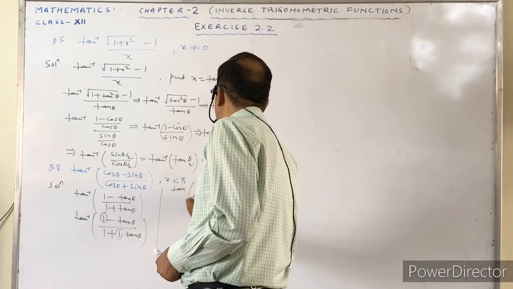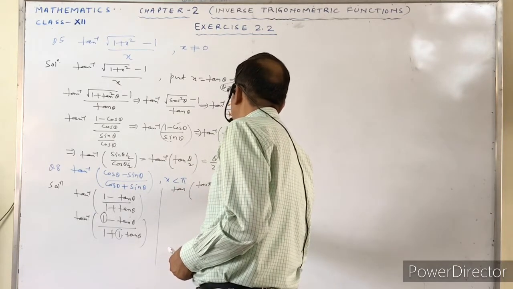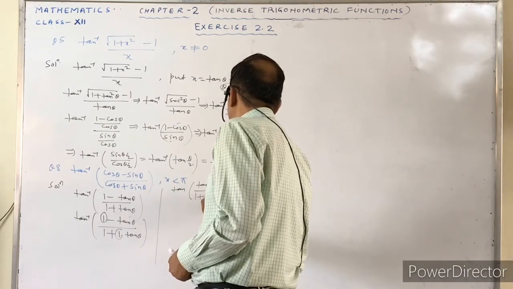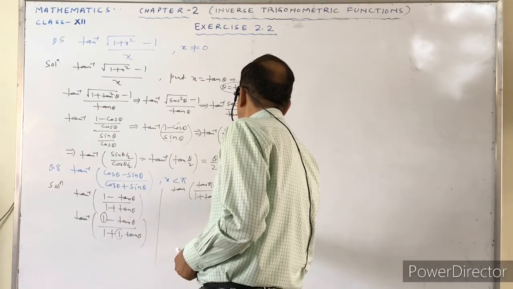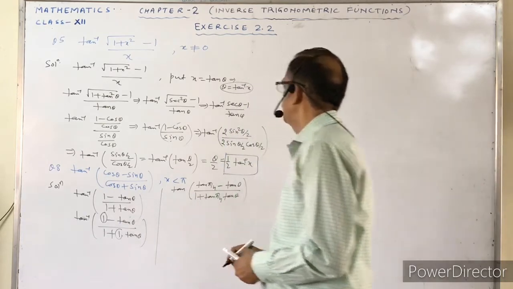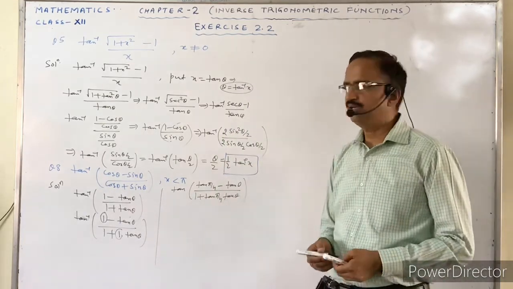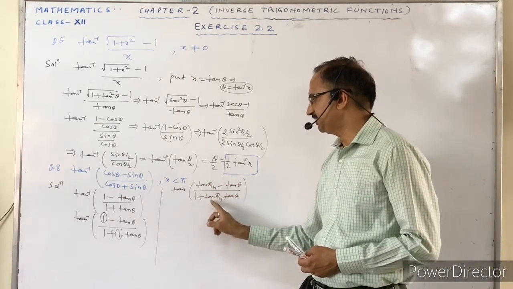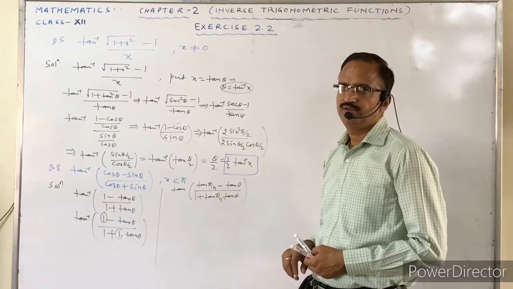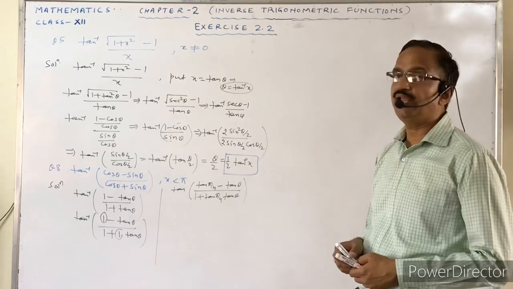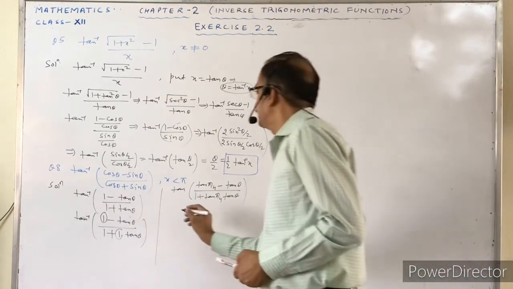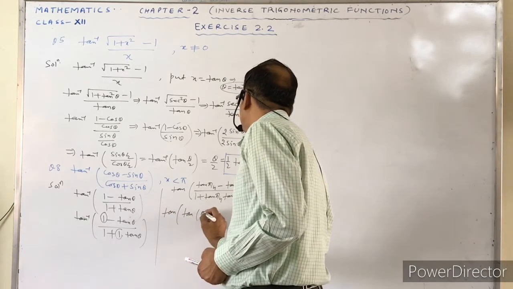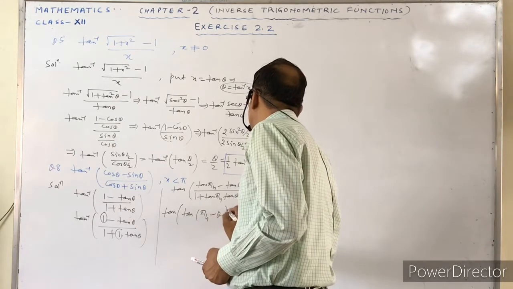Tan inverse, and this is tan pi by 4 minus tan theta upon 1 plus tan pi by 4 and tan theta. Now look at this result in the bracket. This is tan A minus tan B upon 1 plus tan A tan B, so this can be written as tan A minus B. So tan, and this is tan pi by 4 minus theta.